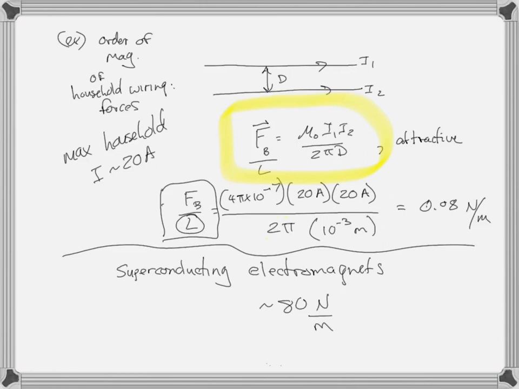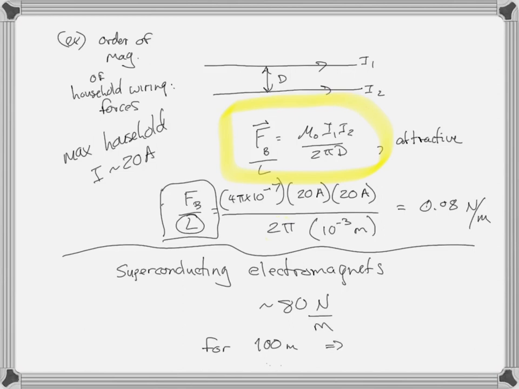But you wrap in the wire, you've got 100 meters of wire, now you've got 8,000 newtons. 8,000 newtons is a relatively large force, right? Again, we're talking about something slightly more complicated, which is a coil of wire, not two parallel wires, but it's the same concept.